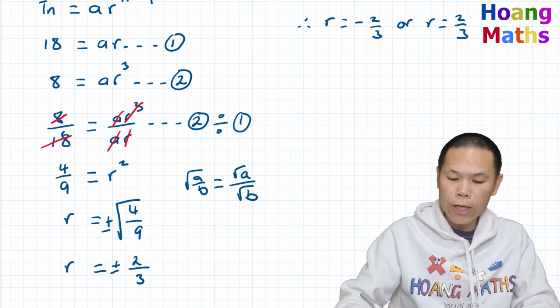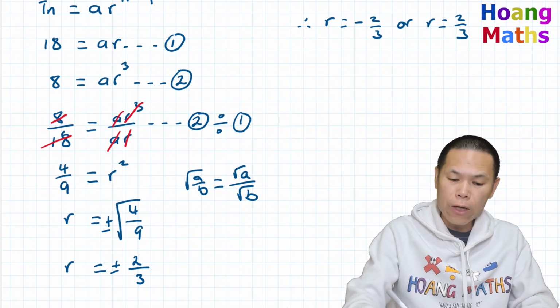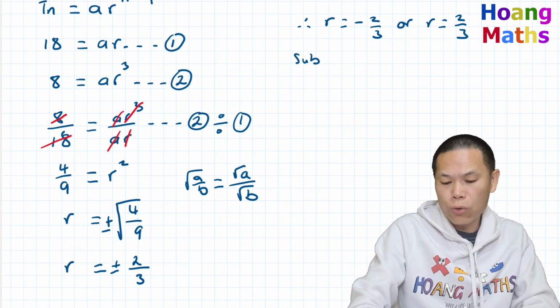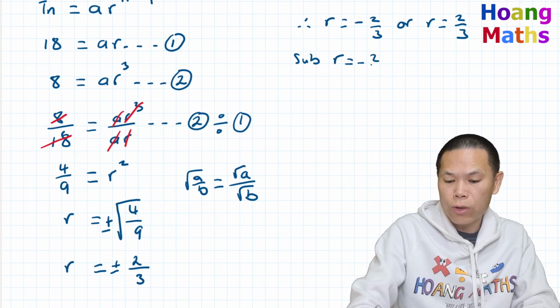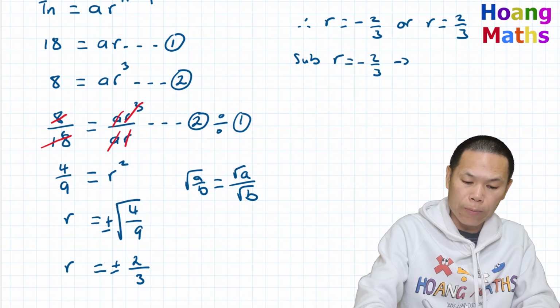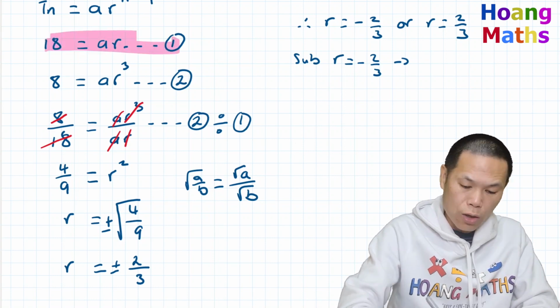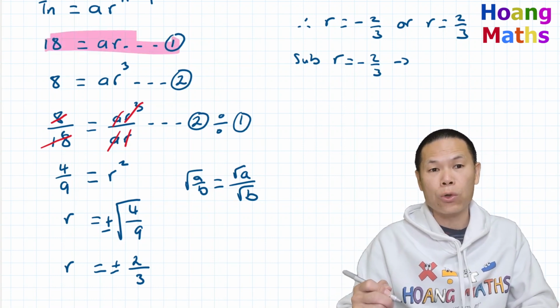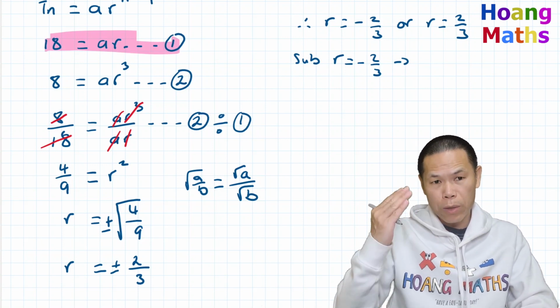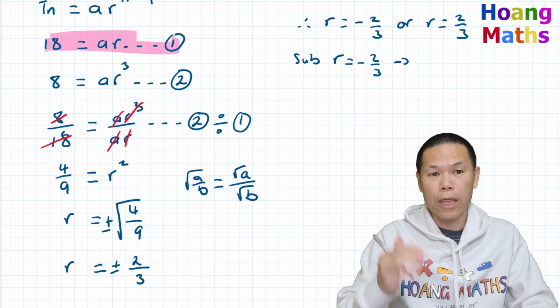So if R equals negative 2/3, to solve for A, I substitute R equal to negative 2/3 into equation number 1. This equation is easier. Of course, you can substitute R equal to negative 2/3 into equation number 2 if you like, but number 1 is simpler, that's all.